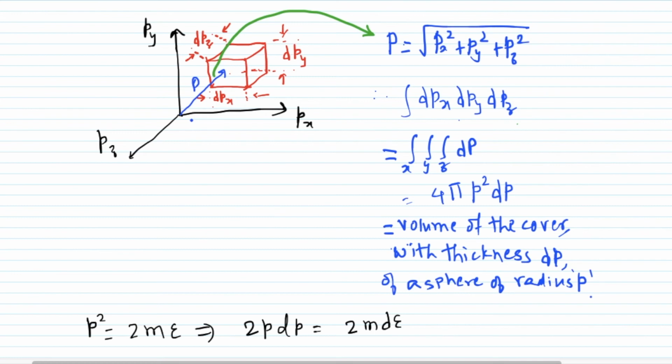So you are getting a cover on the surface of the sphere which has a radius equal to the momentum p. Now on this sphere, if you consider the thickness along all the 3 directions, that thickness is considering the ranges in the momentum in all the 3 coordinates. So all the phase space within this volume is to be considered for the microstates which are within the range of momentum from p to p plus dp.